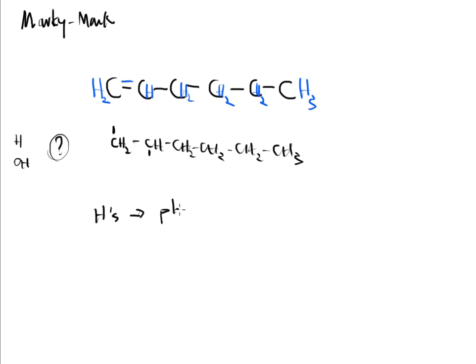And hydrogens only want to play with other hydrogens. That's it, folks. That's all that Markovnikov's rule states. That's not too difficult, is it? If I have a hydrogen that I'm adding to the molecule, then that hydrogen would prefer to play with other hydrogens. Doesn't want to play with anybody else.